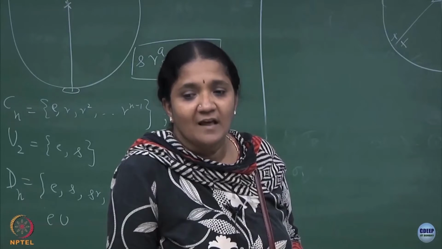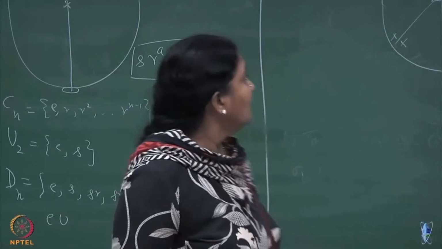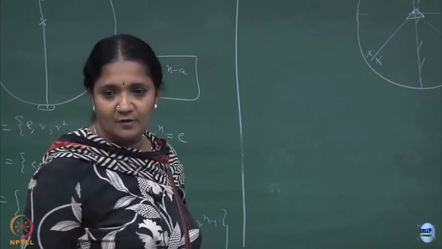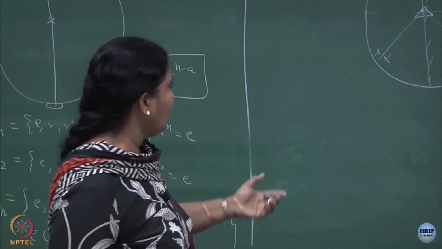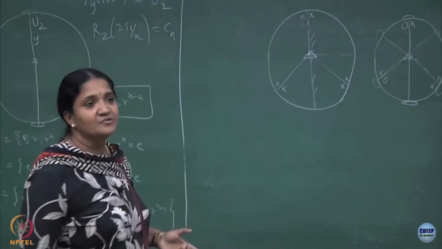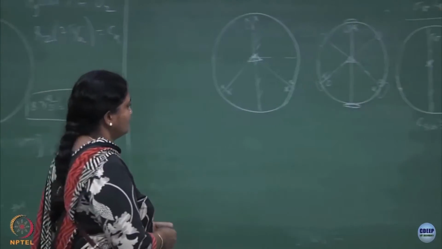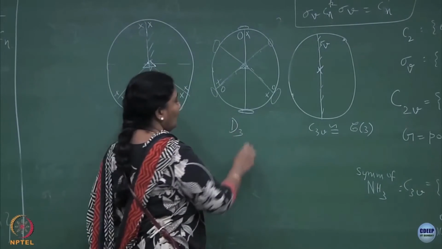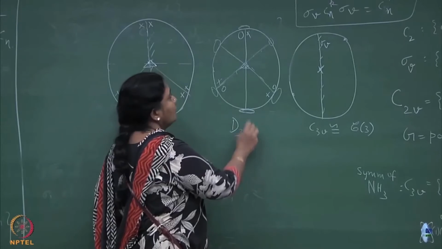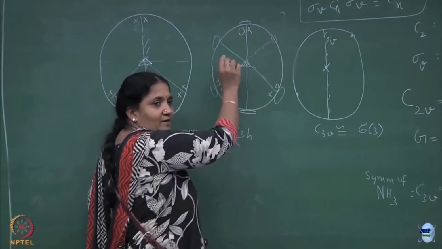The last one, D2H. So, let us look at D2H also. Anyway, you can also do D3H. So, this is D3. If you want to do D3H, you also have a mirror on the XY plane.